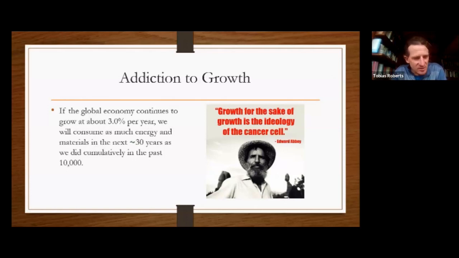So here's a statistic. This is basic math. If the global economy continues to grow at 3% per year, we will consume as much energy and materials in the next 30 years as we did cumulatively in the last 10,000 years. I think that should wake us up.